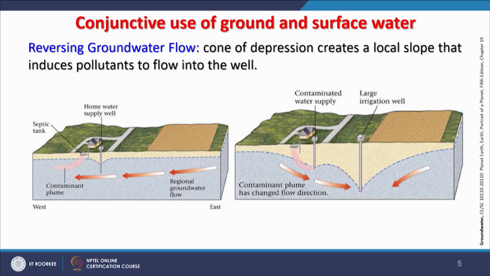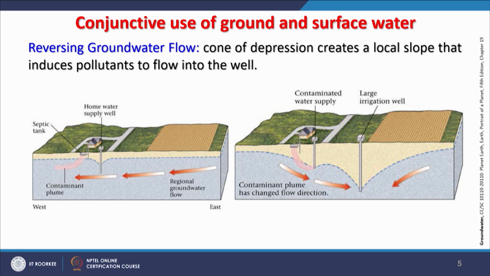However, if we reverse this groundwater flow, then the cone of depression creates a local slope that induces pollutants to flow into the well. So, in the previous discussion when we were discussing pollutants, that is what is important.